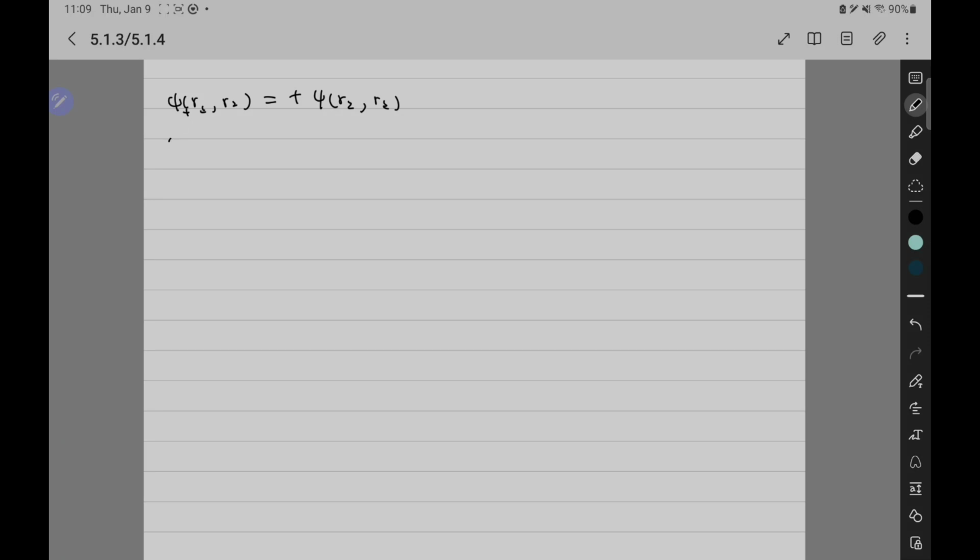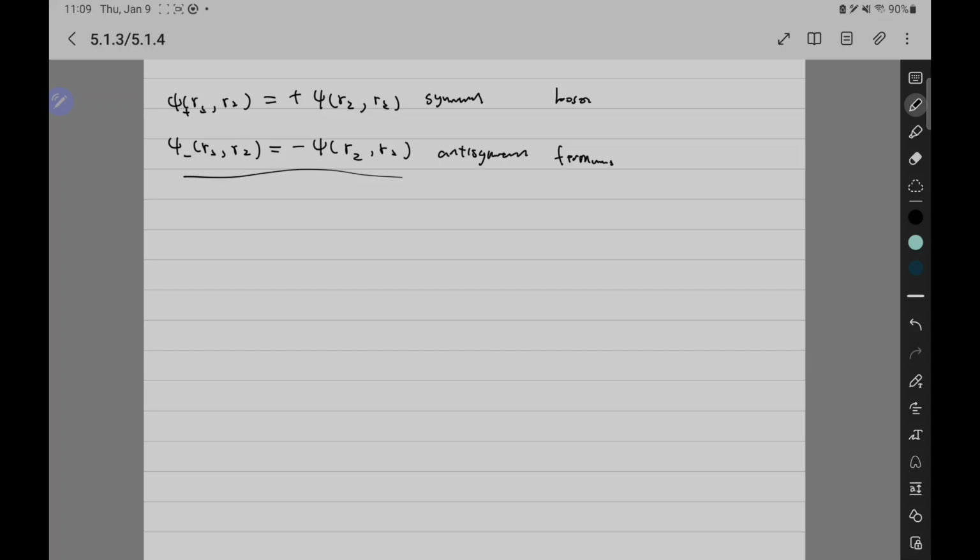And for anti-symmetrical, in this case fermions, we're going to have a negative sign in front of the psi for r2, r1. This is anti-symmetrical. Symmetrical. Boson, fermion.